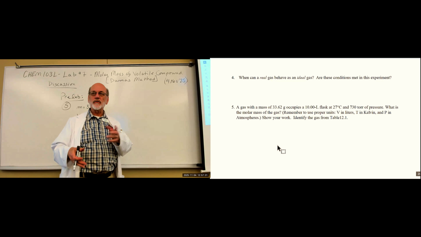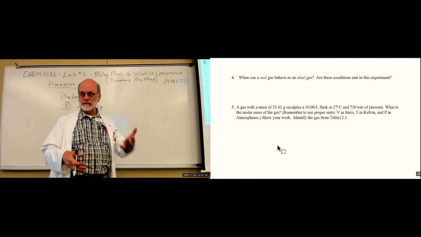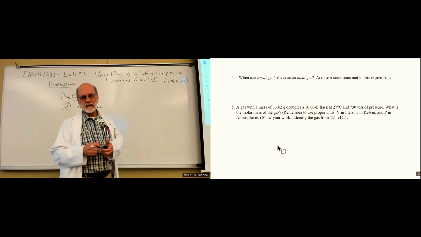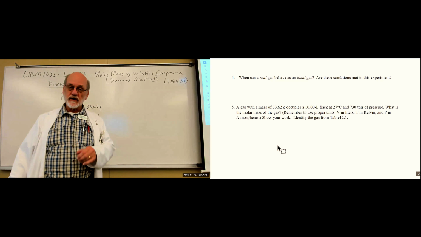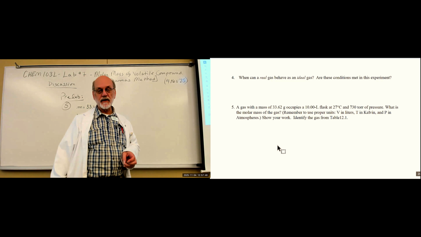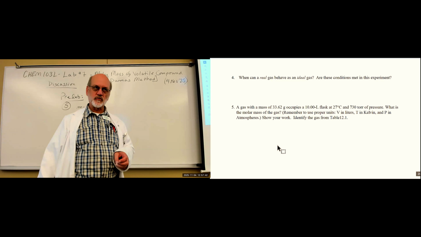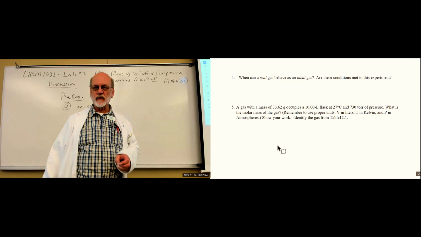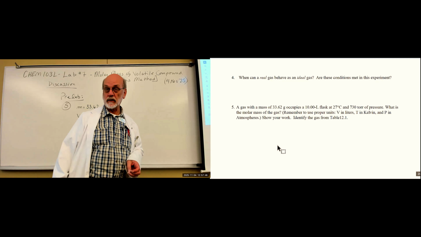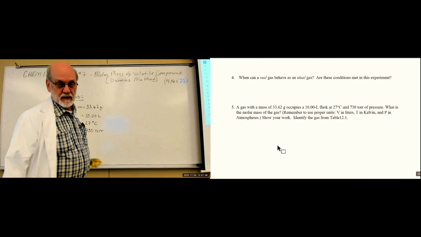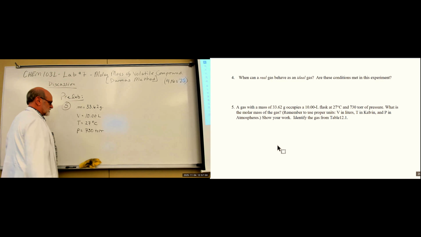They didn't have to go through the process of making it volatile by heating it. Otherwise, at 27 degrees it would have to have an extremely low boiling point to be volatile if it were a liquid. So we're stuck with these conditions.